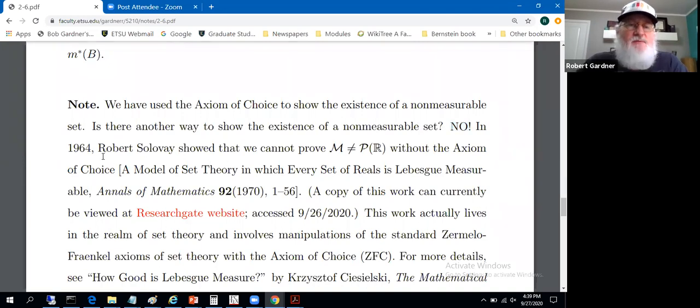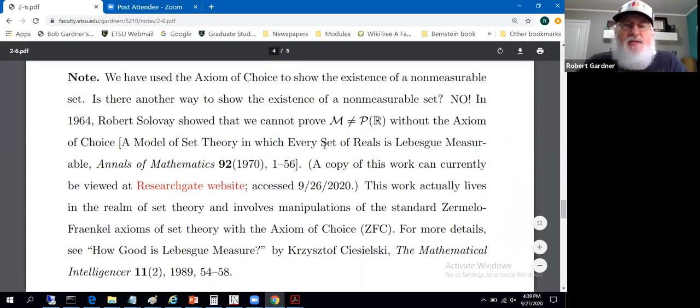In 1964, Robert Solovay showed that we cannot prove that the sigma algebra of Lebesgue measurable sets doesn't equal the power set of the reals without the axiom of choice. The title of the paper was A Model of Set Theory in Which Every Set of Real Numbers is Lebesgue Measurable. It dates from 1970, I guess, his publication.